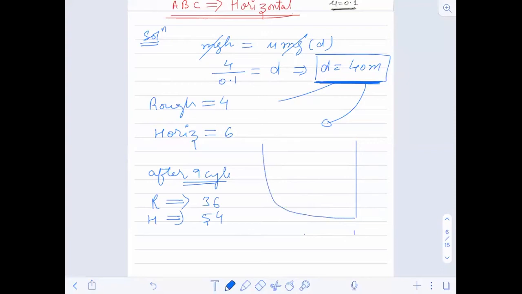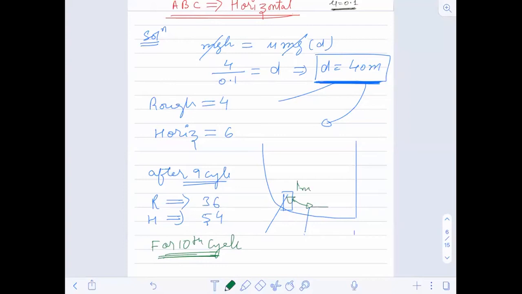See here. 9 cycles have been completed and our block is here. Now see what will happen. This block after the 9th cycle, for the 10th cycle, is moving here. How much is this distance? 1 meter.